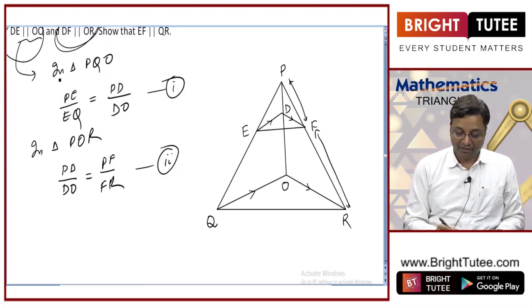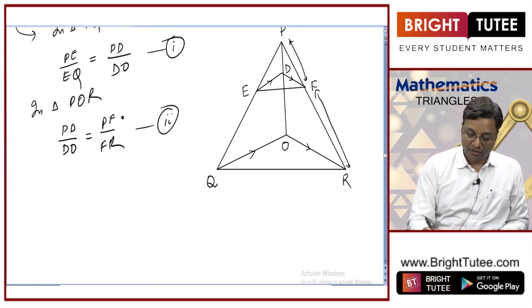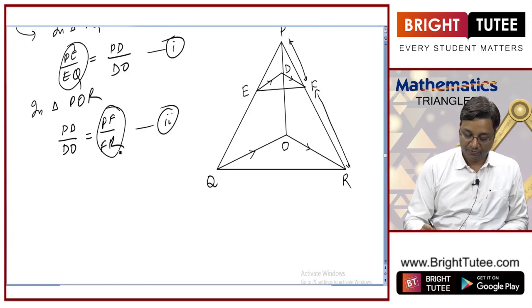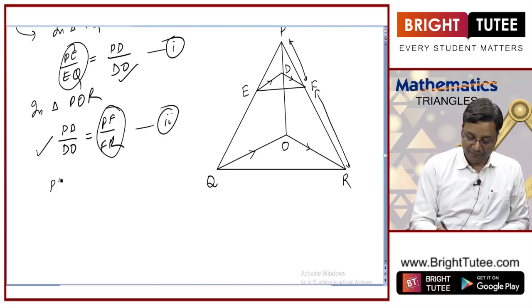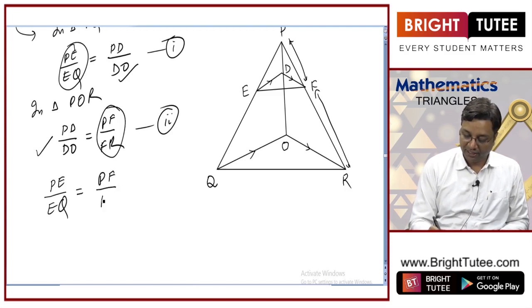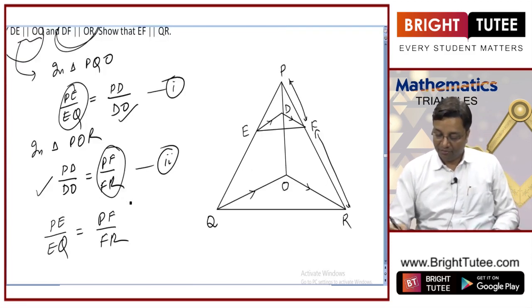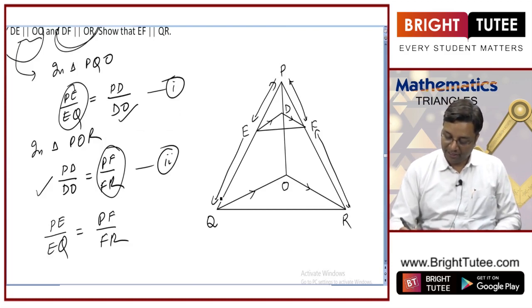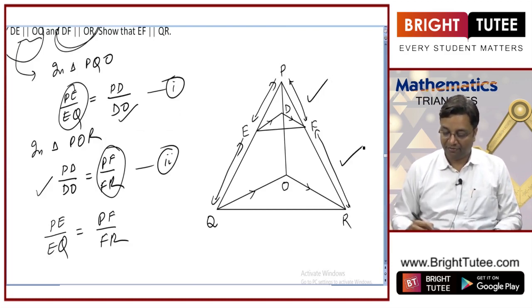Okay. Now if I compare these two, this is equal to this. Why? Because this is equal to this. So if I compare these two, PE by EQ is equal to PF by FR.